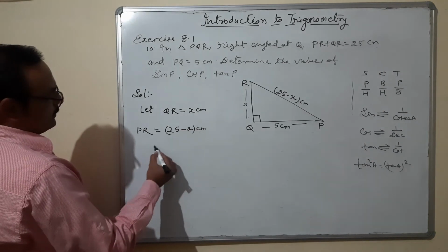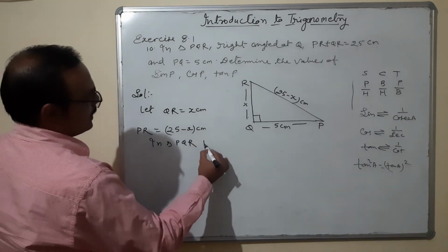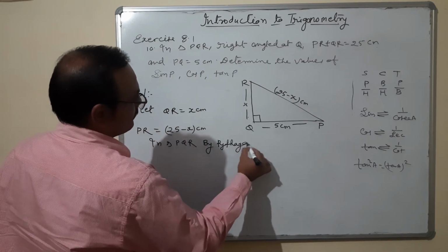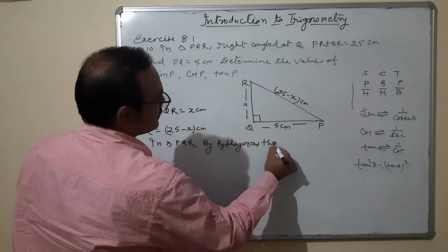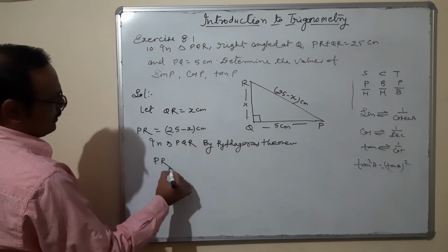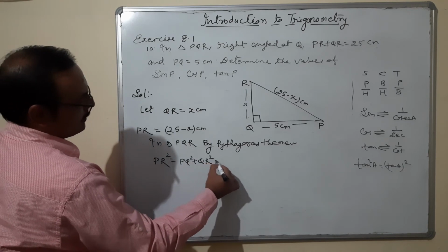So in triangle PQR, by Pythagoras theorem, PR square is equal to PQ square plus QR square.